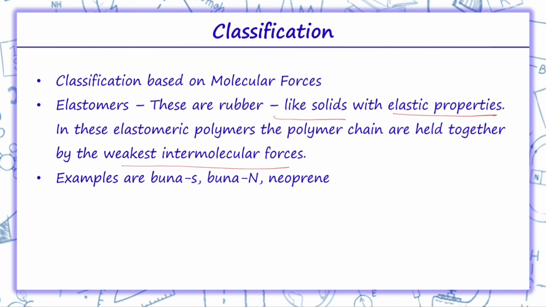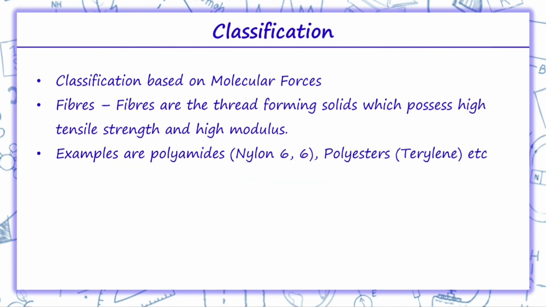The examples are Buna S, Buna N, neoprene. All these are examples of elastomers. Fibers are the thread forming solids which possess high tensile strength and high modulus. Examples of these fibers are polyamides and polyesters. In polyamides, we already discussed nylon 6,6, which is a polymer of hexamethylene diamine and adipic acid.